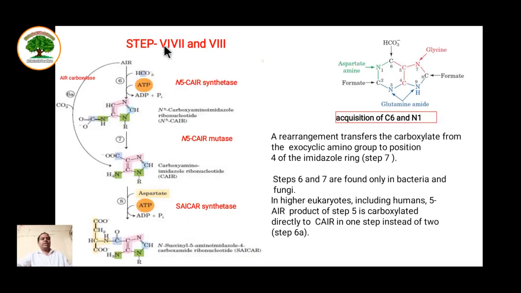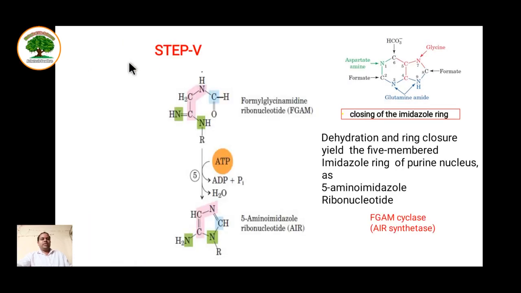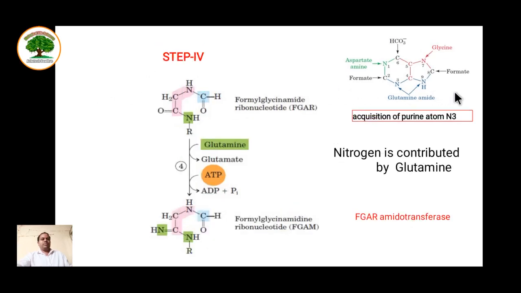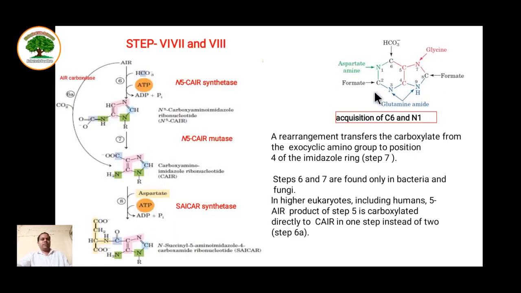Step number 6 occurs in 3 subsequent steps. You can see here AIR. It can be converted directly into this compound, that is CAIR, or it can be converted via this way. Let's see the first way here. Here, to AIR there is an addition of bicarbonate ions which are present inside the cell.